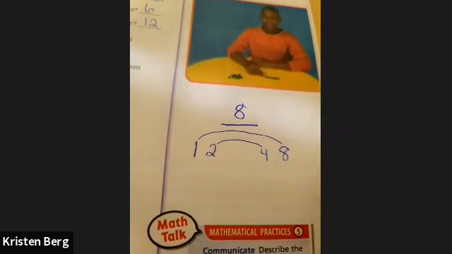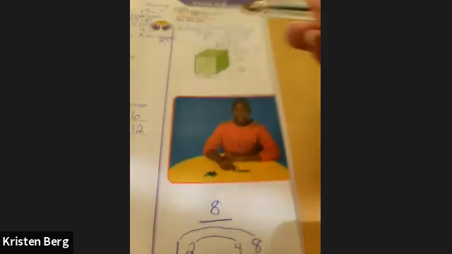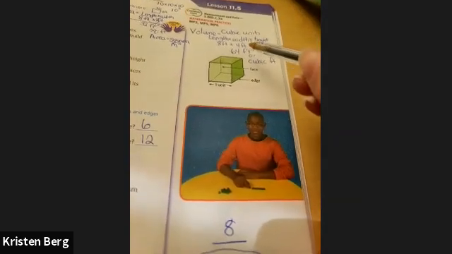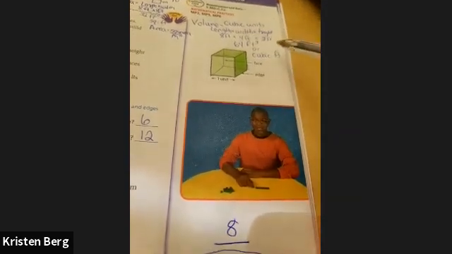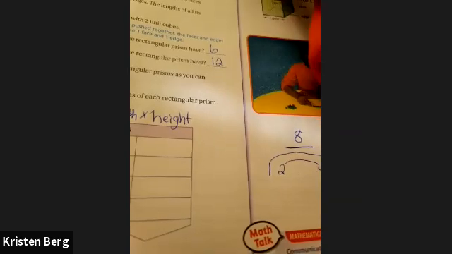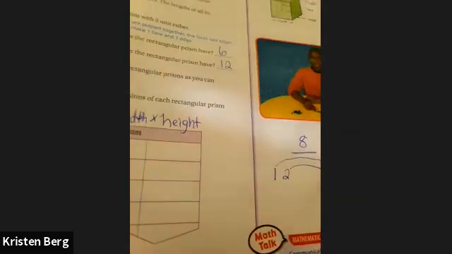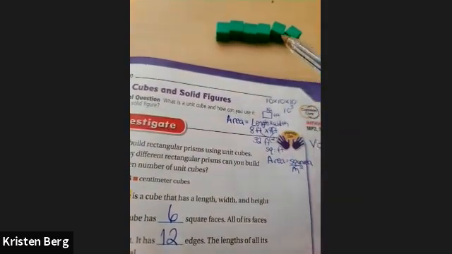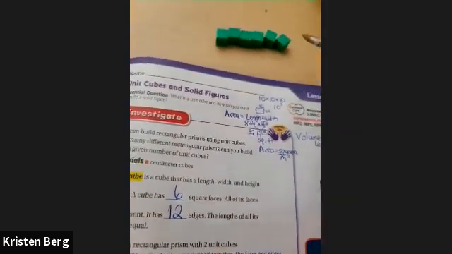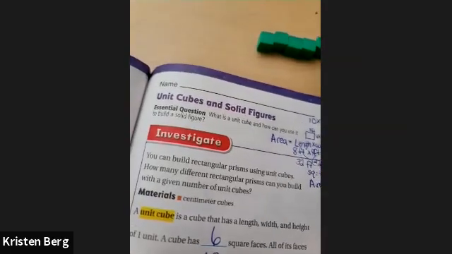So in this case, because you have to have 3 dimensions, if I had 8 cubes here and I did it in this way, I have a length that is 8 by how many wide?